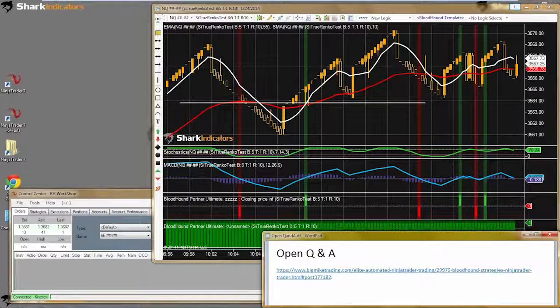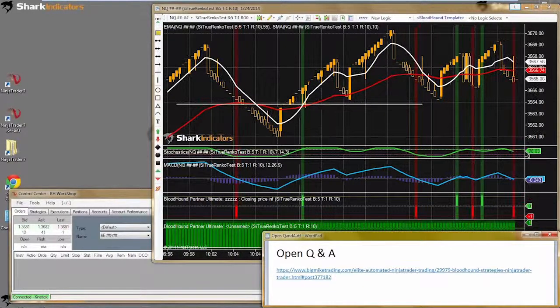Julie's asking, do we have a Fibonacci solver yet? No, I don't think it'll be a solver, because if you're looking to check for Fibonaccis, the comparison solver will do that, or the support resistance solver will do that.